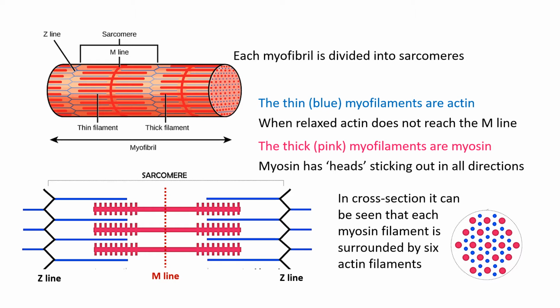So in 3D, if we take a cross-section, we can see that they are bundles of myofilaments. So where we have our 2D diagram there, we would have another actin filament, for example, in front of that myosin and behind it, interacting all the way around the myosin.